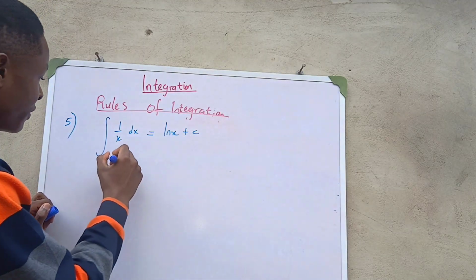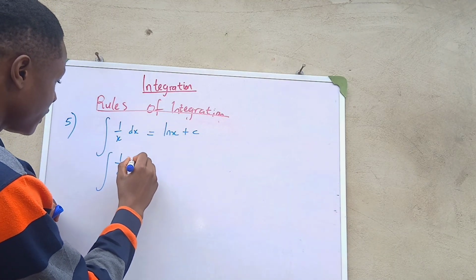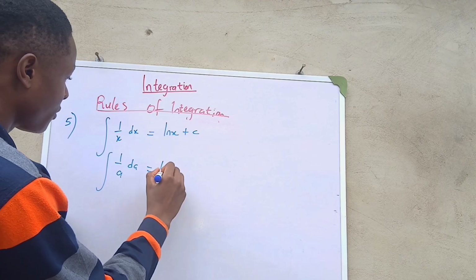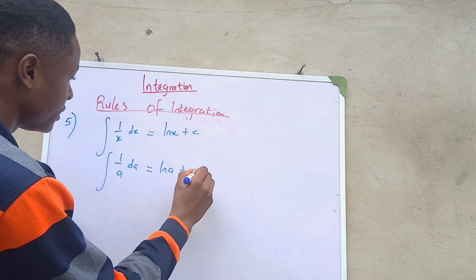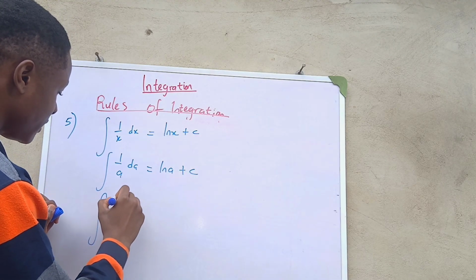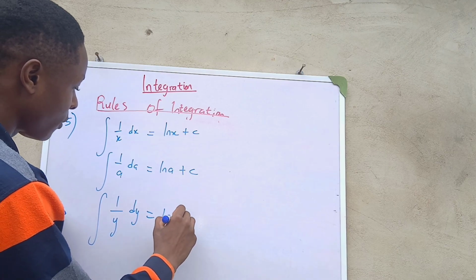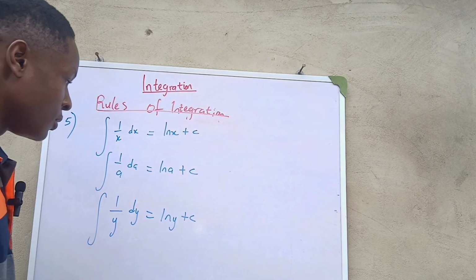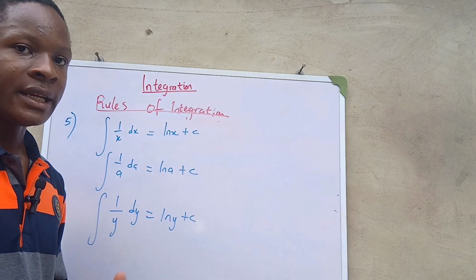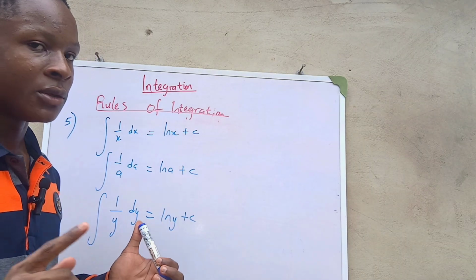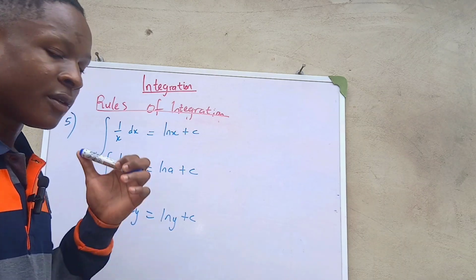The same goes if we are integrating 1 over a da: we'll have ln a plus c. The same goes if we are integrating 1 over y dy: we'll have ln y plus c. So anytime we have the inverse of a variable or an unknown, we have ln of that variable.